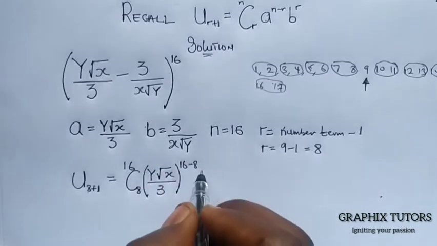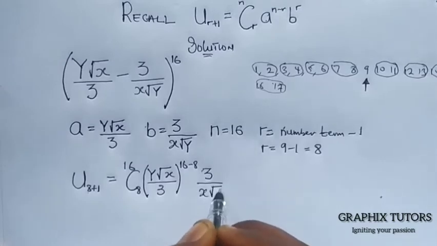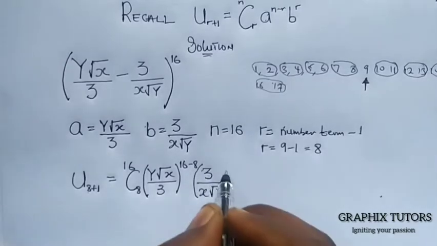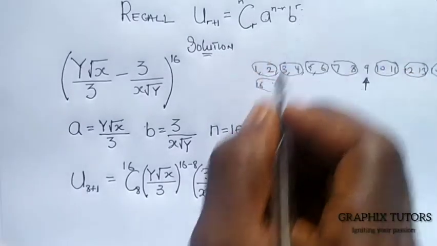Then the b is 3 all over x square root of y, all to the power of 8. That is my r from this formula here.